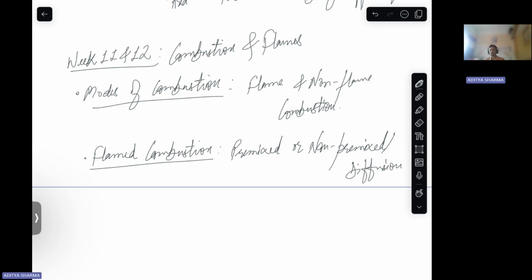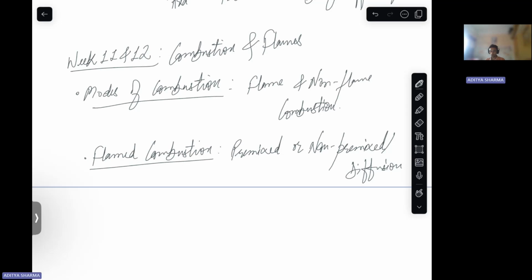So in combustion there can be a flame and there cannot be a flame, and if there is a flame, there are two types of combustion. One is the premixed type, where fuel and oxidizer are already mixed before the combustion, and second is the non-premixed or diffusion type of combustion, where fuel and oxidizer diffuse, come together, and then combustion takes place.